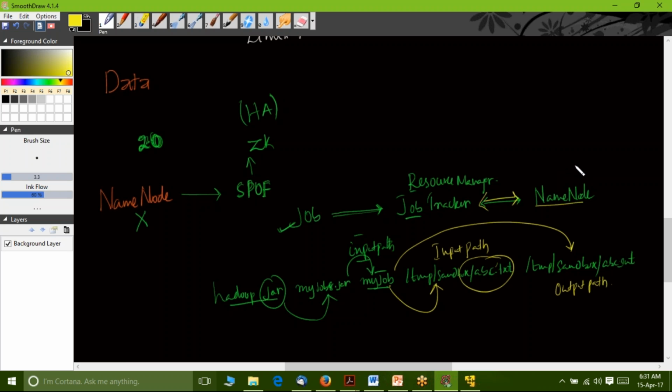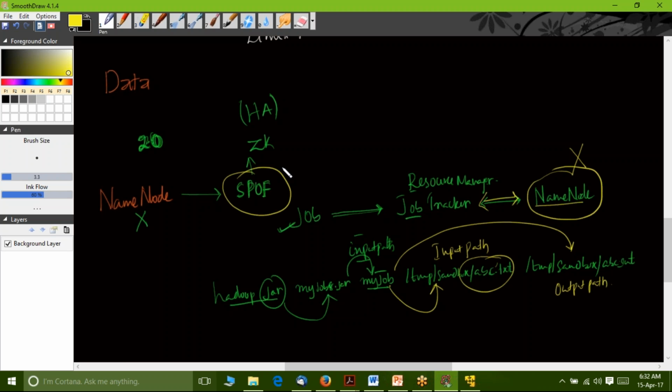Please give me the list of the blocks belonging to that path, because job tracker or resource manager doesn't know where the blocks are located. That is known only to the name node. If name node is down, the job tracker or resource manager is not able to function. That is the reason why we call this a single point of failure.